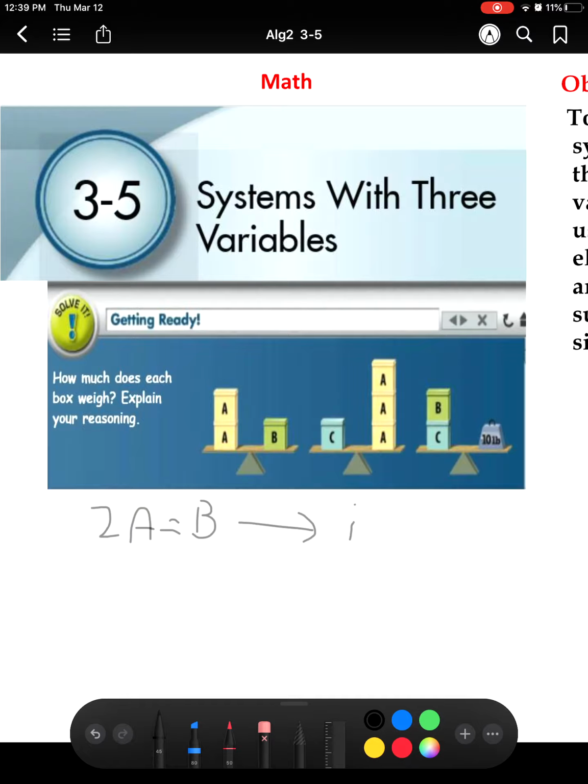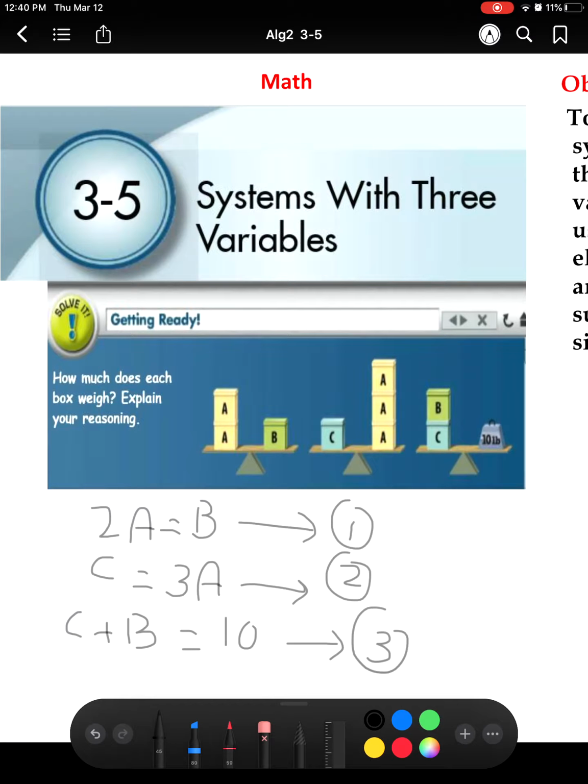This is the first equation from the first balance. The second one, c equals 3a. Because they are balanced, they are on the same level, so each side is equal to the other side. And the third one is c plus b equals 10 pounds.